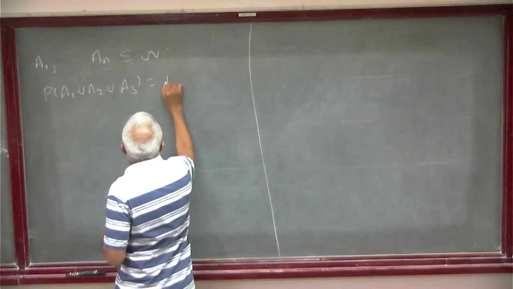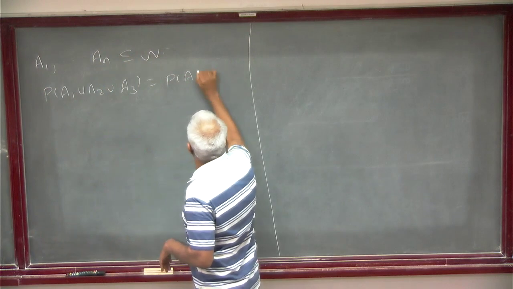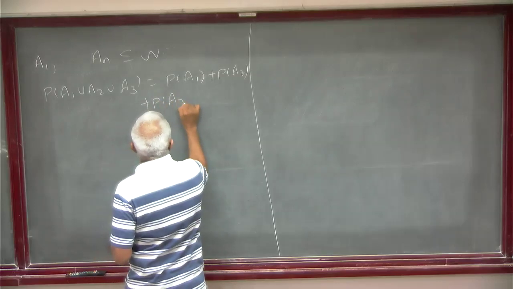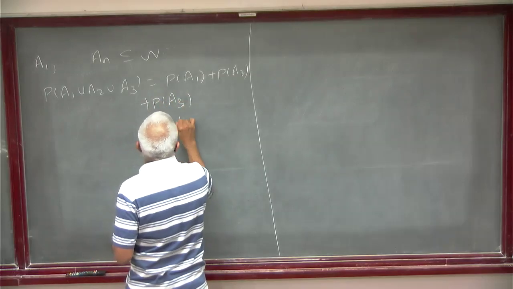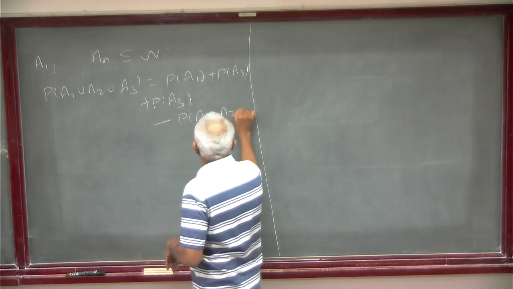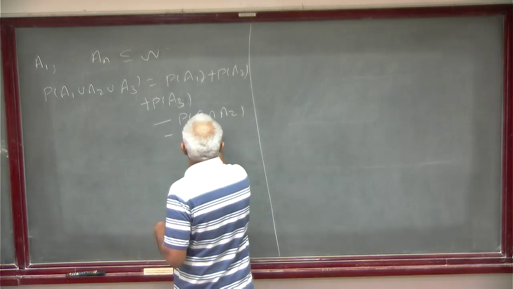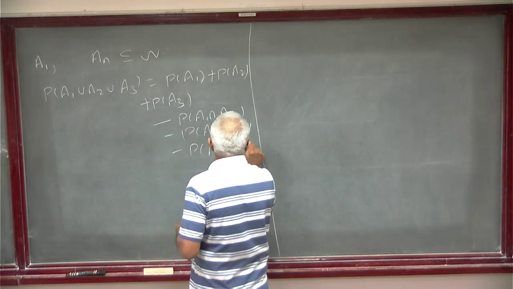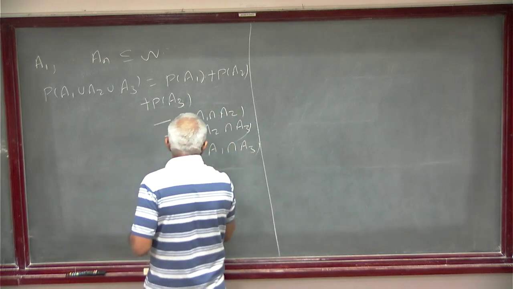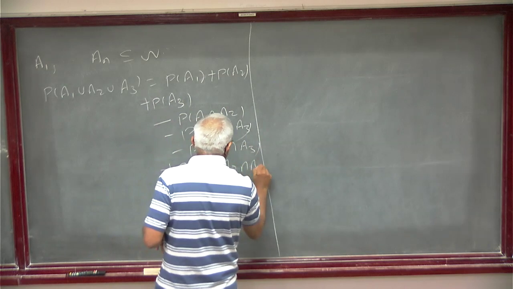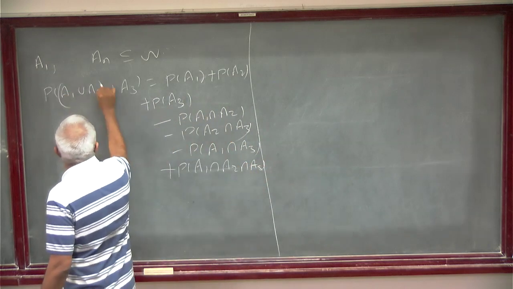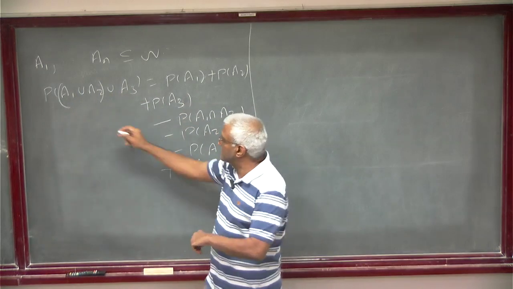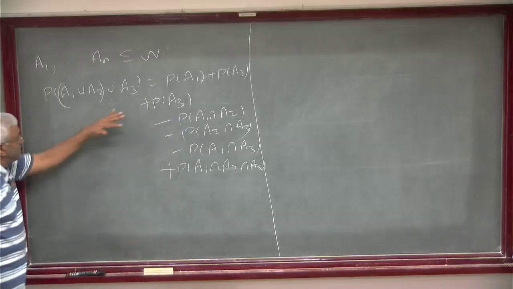For 3, it is going to be P of A1 plus P of A2 plus P of A3, minus P of A1 intersection A2, two at a time, so I have to write 3 terms: A2 intersection A3, minus P of A1 intersection A3, plus P of A1 intersection A2 intersection A3. This you can prove by taking the union of these two sets and using the previous result. I'm saying that this is equal to that.